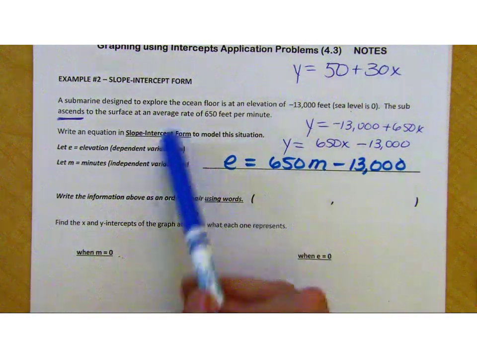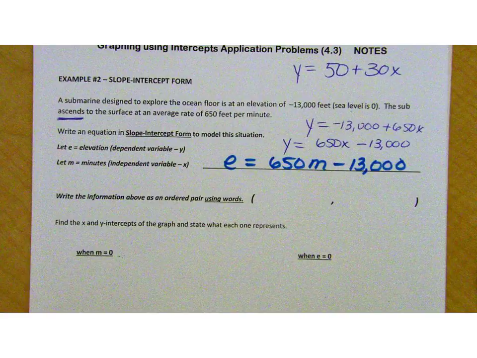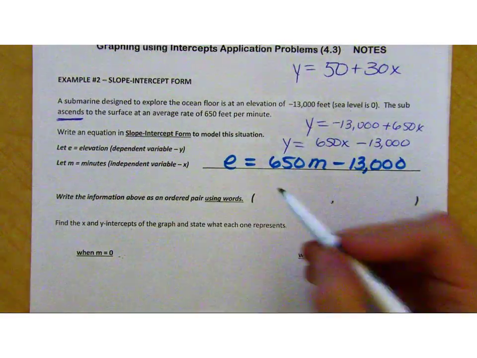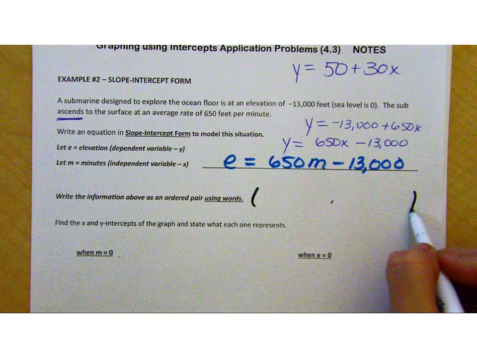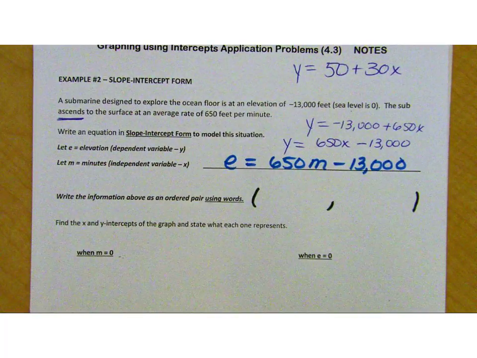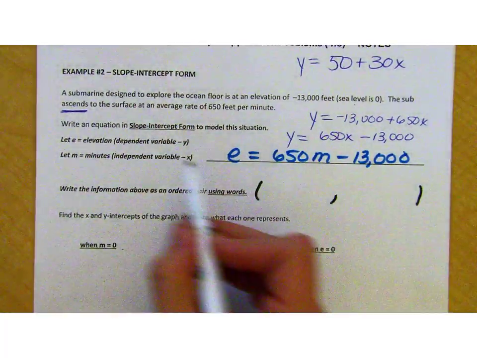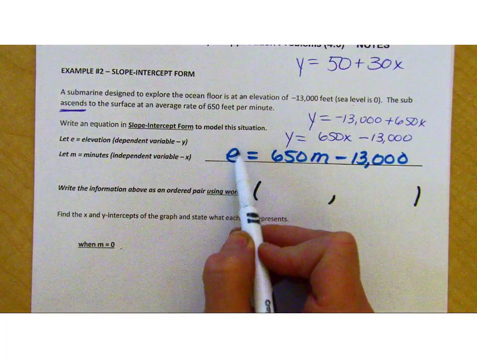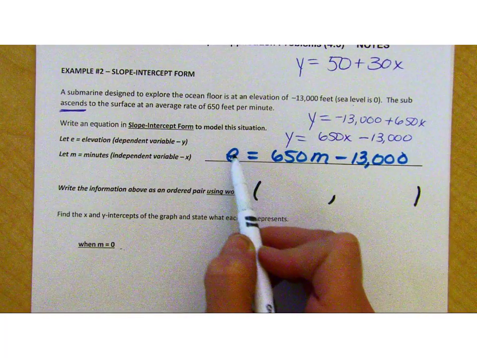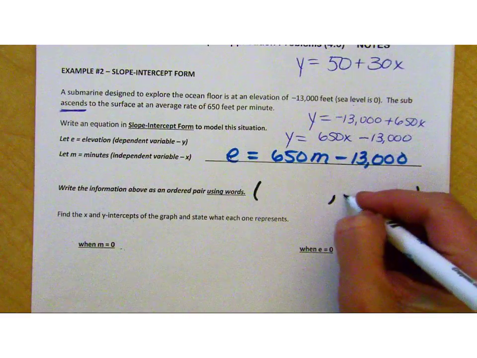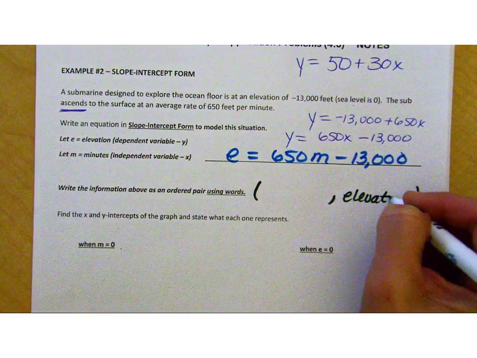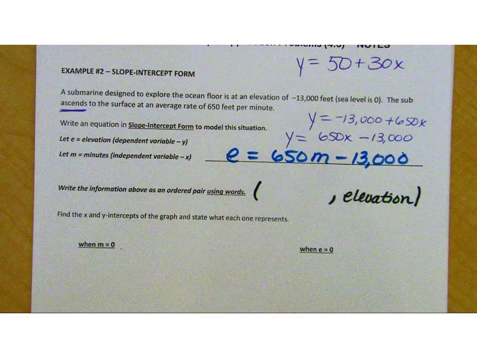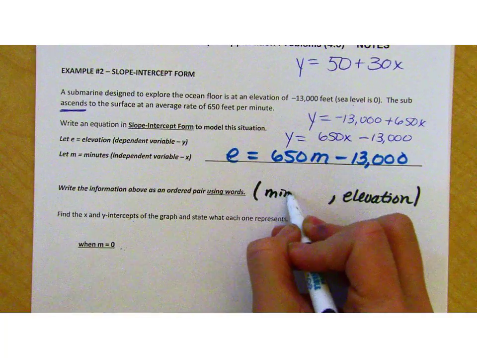I just want to get through this. So this is going to be what it, and here's why this might be helpful. Because you know that normally it's y equals. What is E? It's in the y spot. So this is elevation. And my first spot is going to be minutes. Got it?